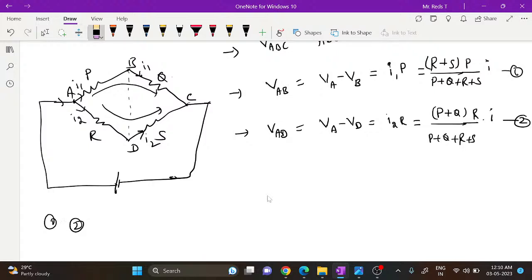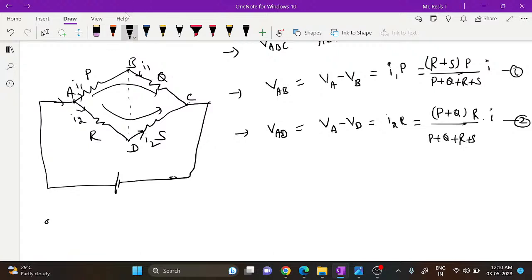Let us mark here clearly 1 minus 2. VA minus VB minus of VA minus VD gives you minus VA plus VD. So we'll get VD minus VB. 1 minus 2 if you do, we get VD minus VB, otherwise we want VA minus VB.